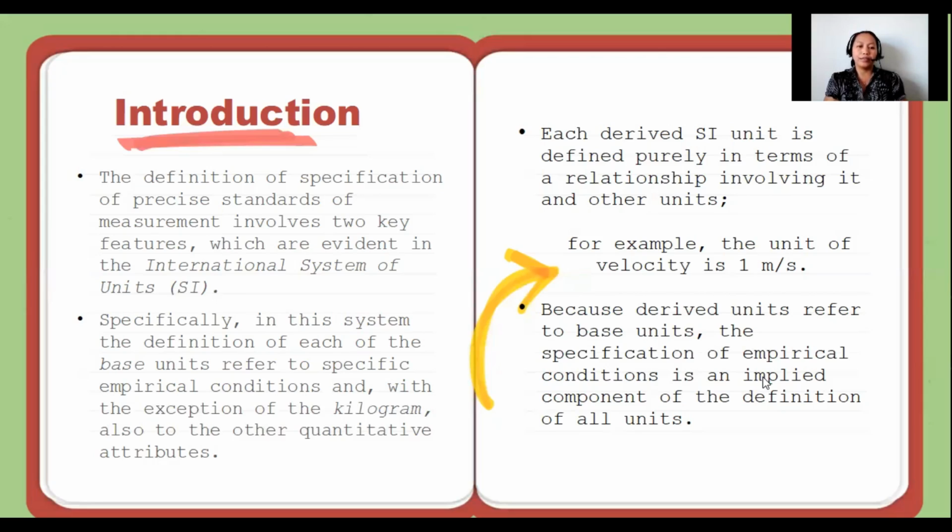So we have two key features of the standard measurements: the derived units and the base units. Base units are based merely on quantitative attributes, and the derived units are based on the base units, which is a combination of a meter and other units of measurement.